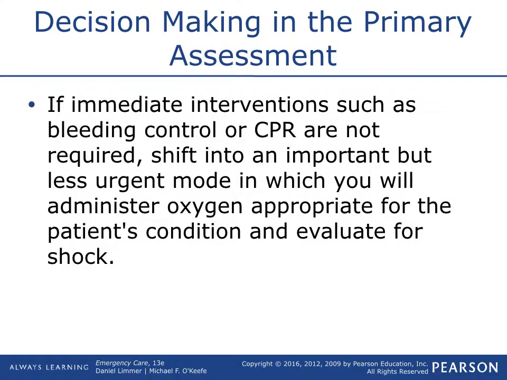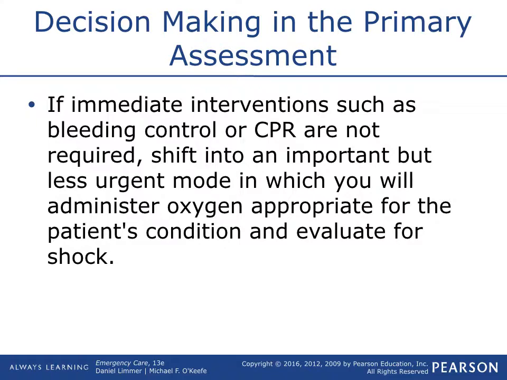So, decision making in the primary assessment. If immediate interventions such as bleeding control or CPR are not required, shift into important but less urgent mode in which you will administer oxygen appropriate for the patient's condition and evaluate for shock. If the patient needs that, that's what you're going to do.